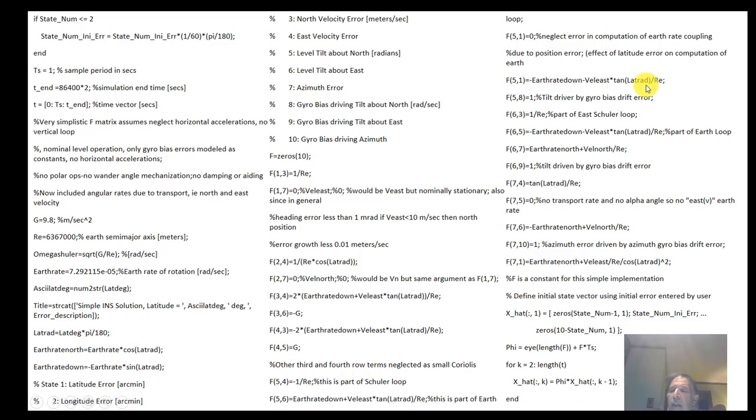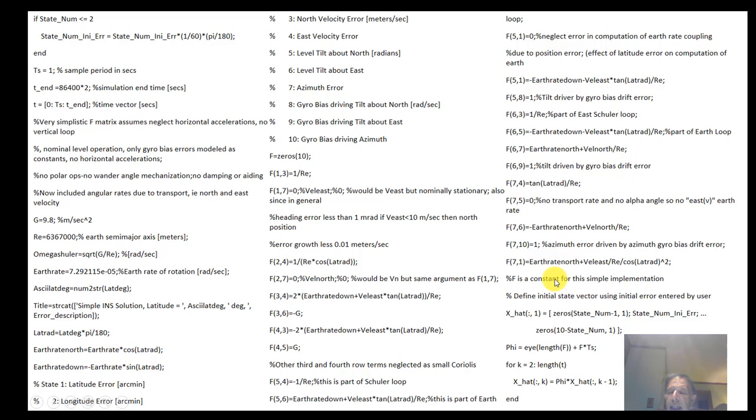If you take a careful look at slide 5, you could hopefully register these terms of the F matrix with the block diagram figure of slide 5. And that's why this program, in a sense, represents the simple differential equations that we solve for and the block diagram that we showed on slide 5, with the exception that here we include the Euler loop and Coriolis terms.